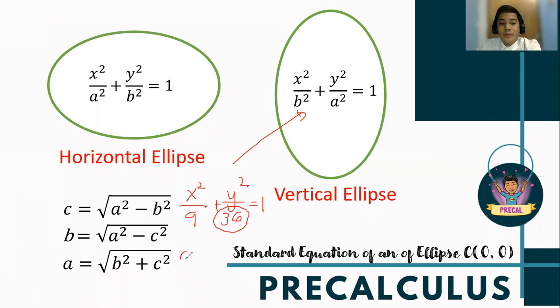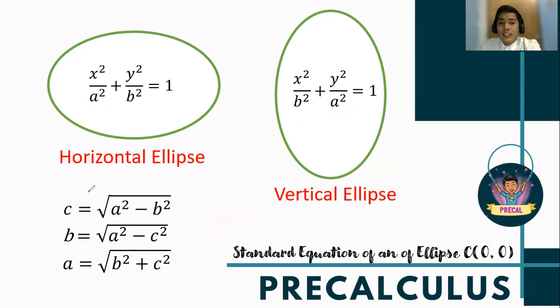So this is now our major axis, which is A. And our B is still 3. So if the x part has a bigger denominator, it is a horizontal ellipse, while in here, if the y part has the bigger denominator, then it is a vertical ellipse.